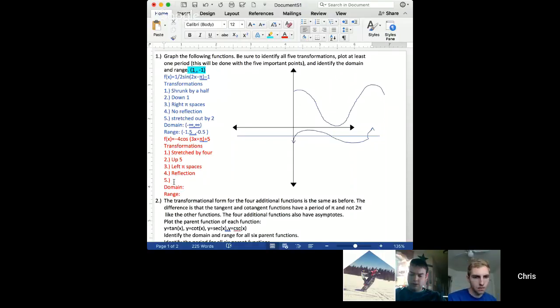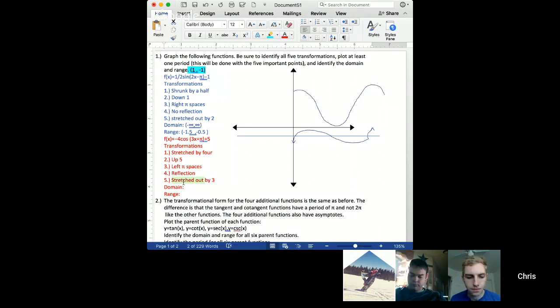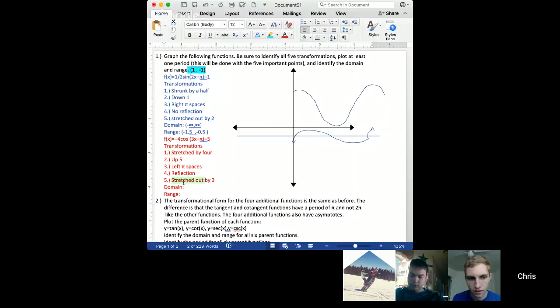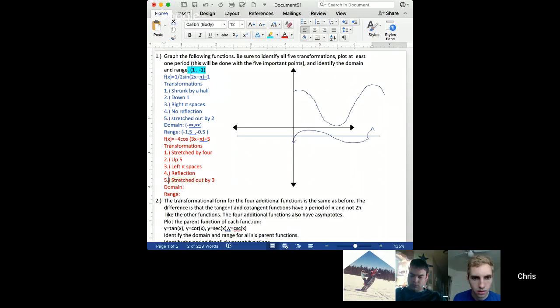And then stretched out by 3 then? Yeah. Should we use a separate word for stretched, because we already used that? Expanded by 3? No, I almost want to say the amplitude is stretched by 3. Yeah, that works. We'll go with that.